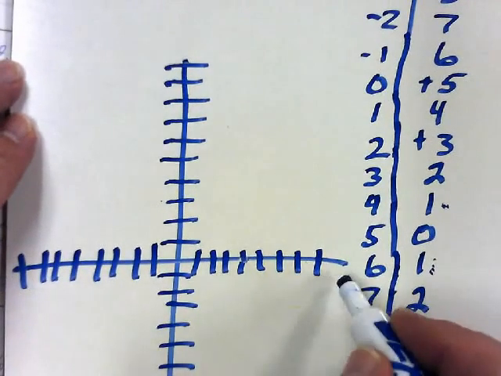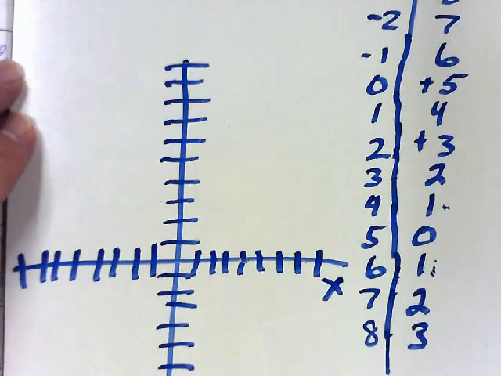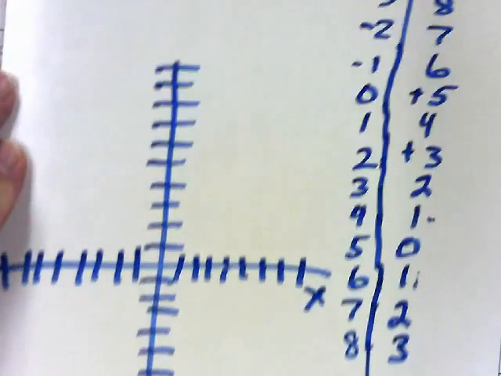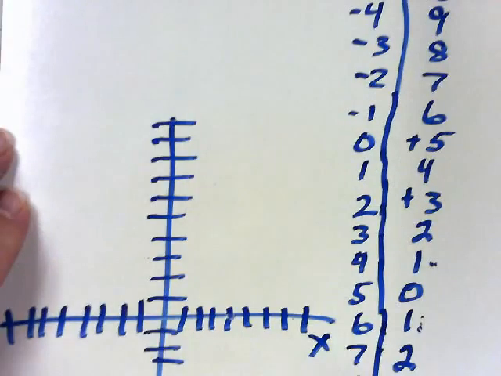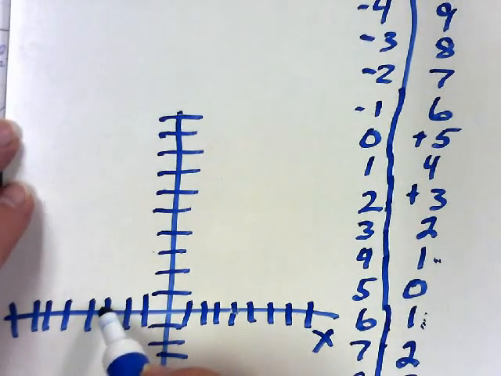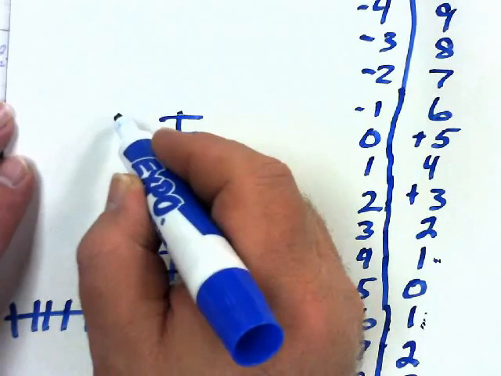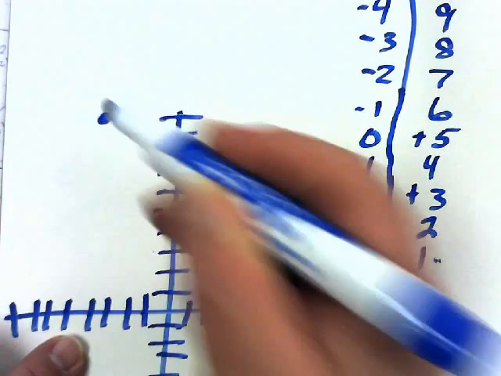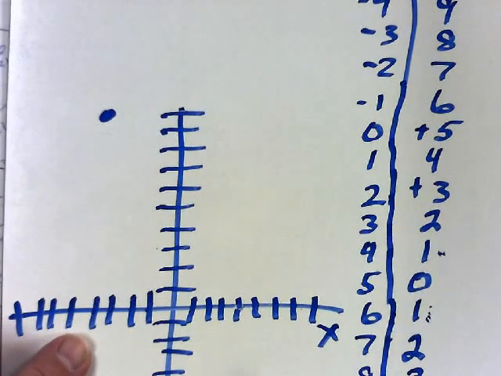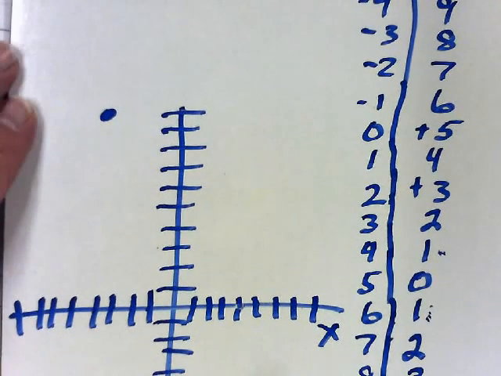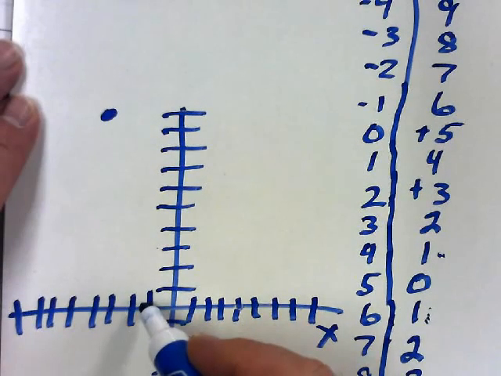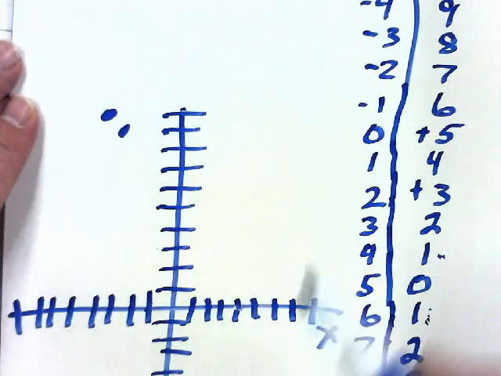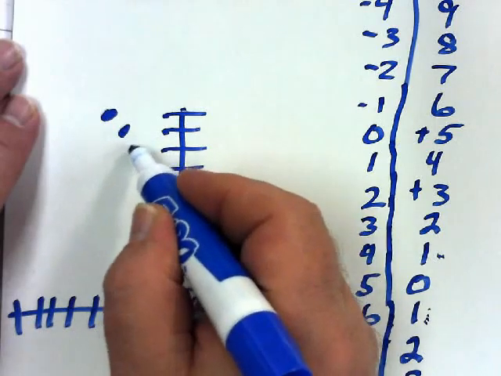First point, negative 5, 10. 1, 2, 3, 4, 5, and this is 10. So it would be approximately up here. Negative 4, positive 9. 3 and 8. Negative 2 and 7, negative 1 and 6, 0 and 5.